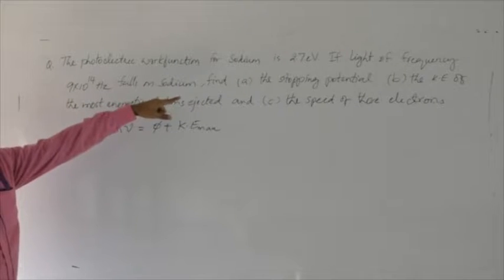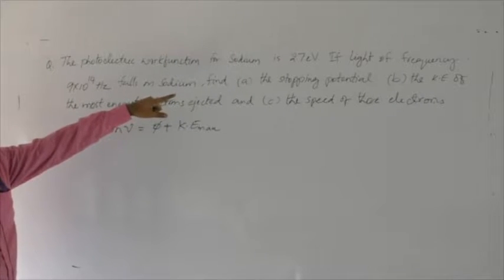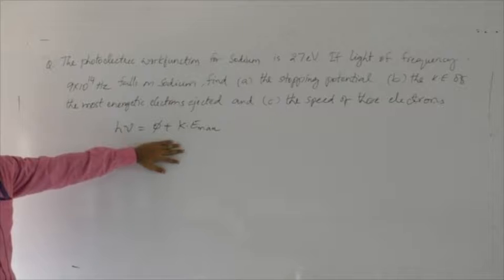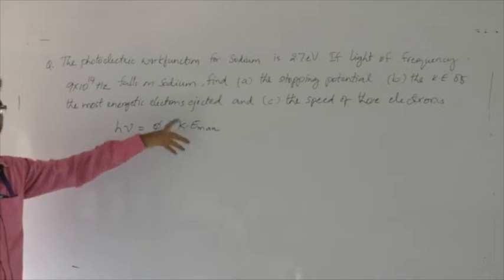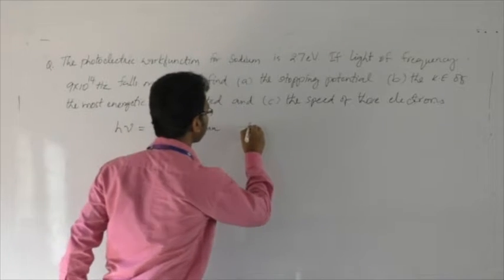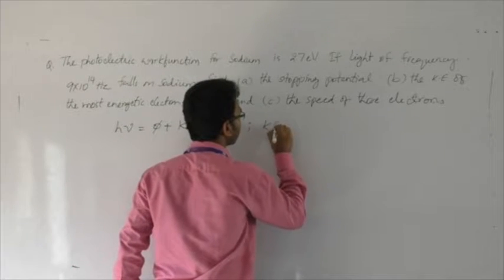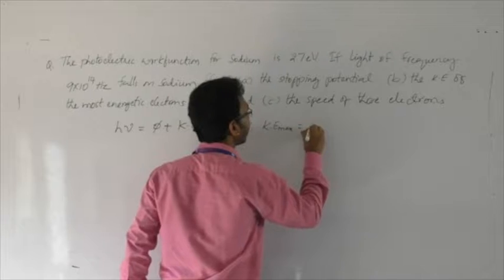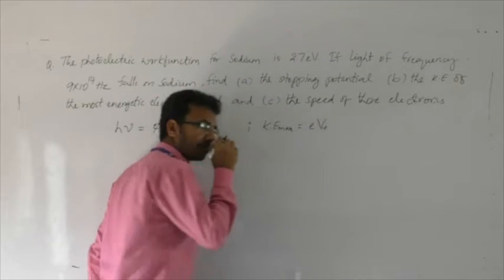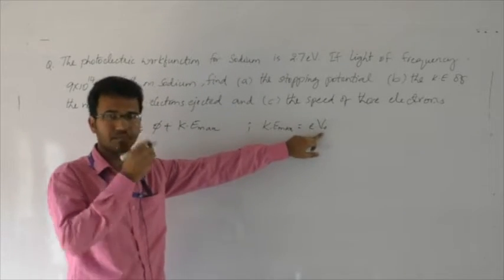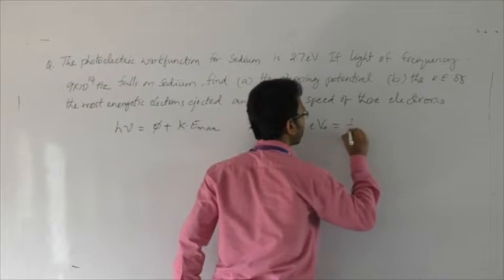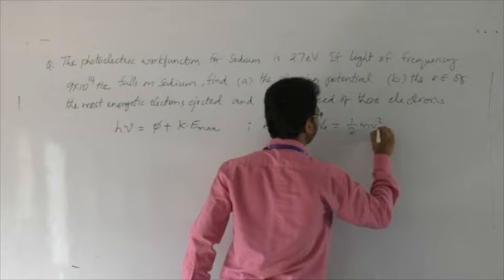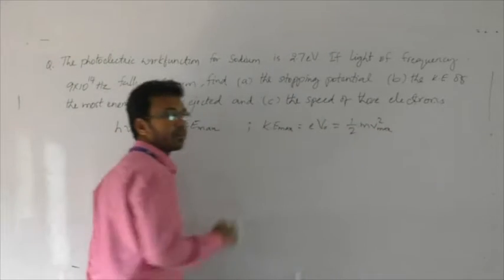Now first we are supposed to find the stopping potential. How do you find the stopping potential from this equation? We have seen a relation in my previous lecture. The KE max is given by eV0, where V0 is the stopping potential. This is nothing but half m v max square.